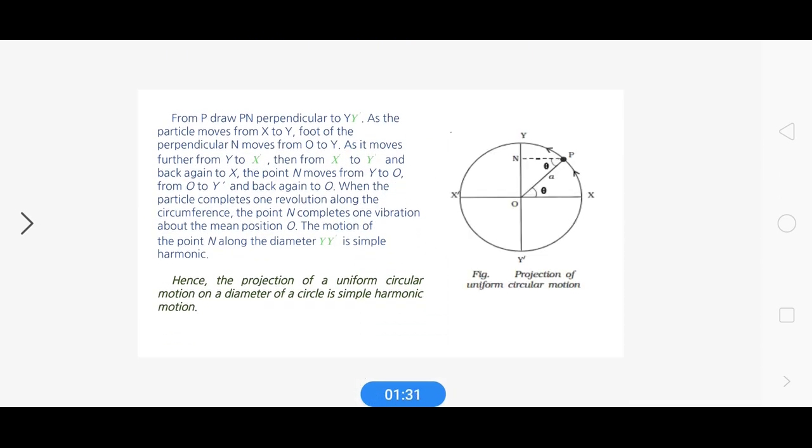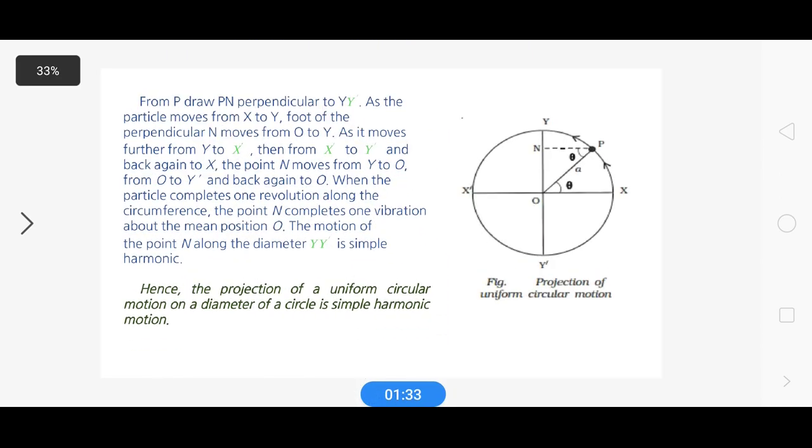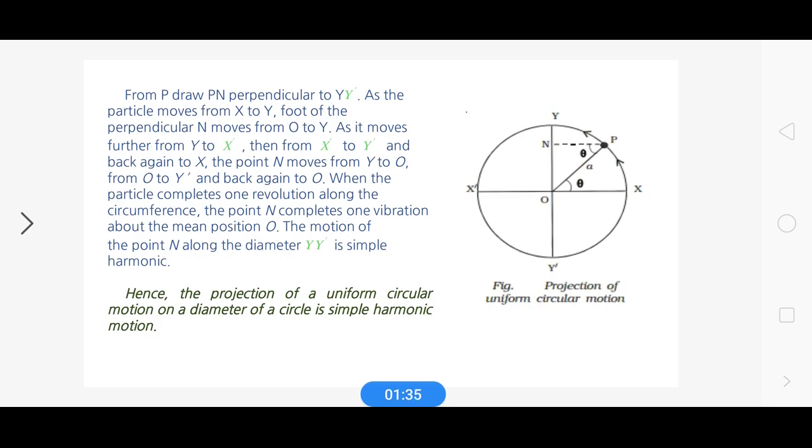Then from point P, draw a perpendicular on Y dash. The foot of the perpendicular is N, and PN is the normal drawn onto the vertical diameter.